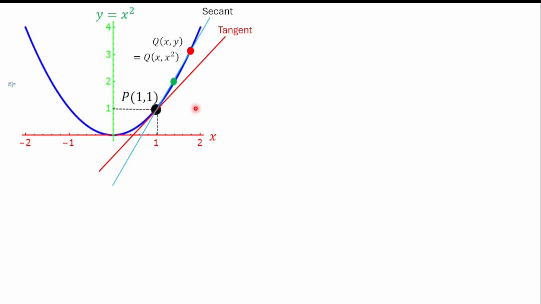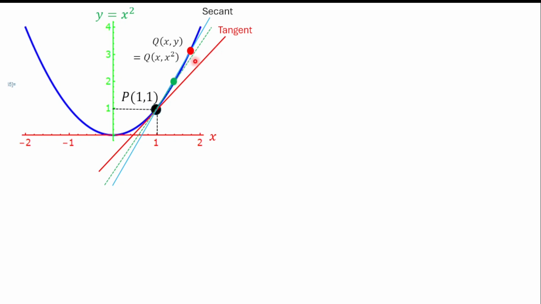That is, what if I take a point like this, and now if I draw a line passing through points P and Q, then the slope of this line is getting closer to the tangent line.